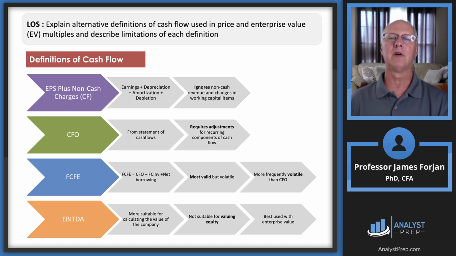And then look at what we have on the far right, the arrow points there. That first one in the purple ignores non-cash revenue, so that's important. Cash flow from operations requires those adjustments that we talked about earlier. Free cash flow to equity, look at that middle arrow point. Most valid, but it has the potential to be volatile. And remember, it has the potential to even be negative.